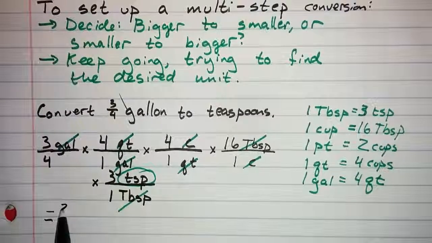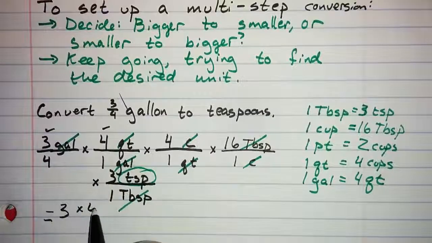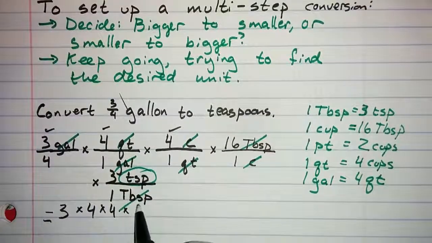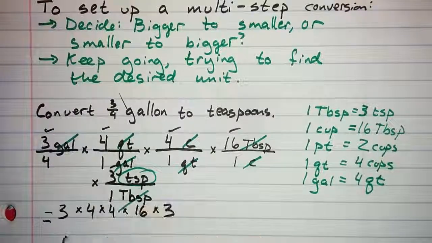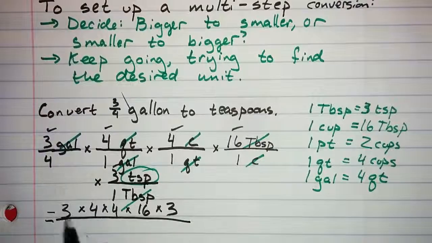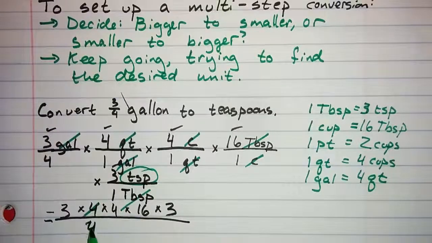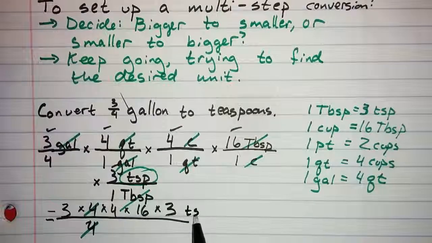We'll have 3 times 4 times 4 times 16 times 3 all over 4 times a whole bunch of 1s. And I think a factor of 4 is going to cancel out. Oh, this is going to be a number of teaspoons.